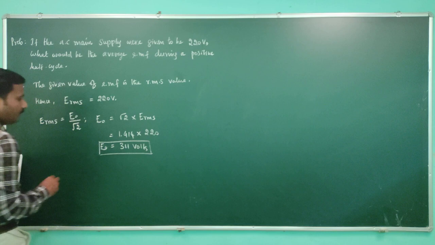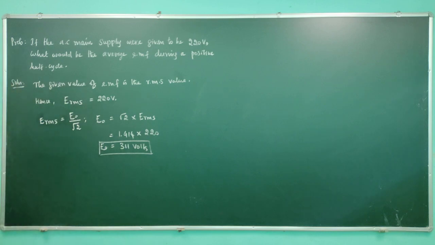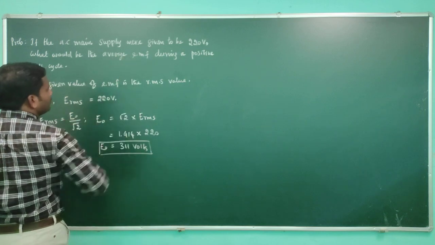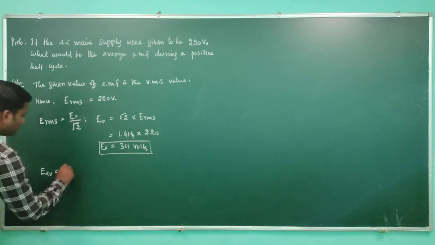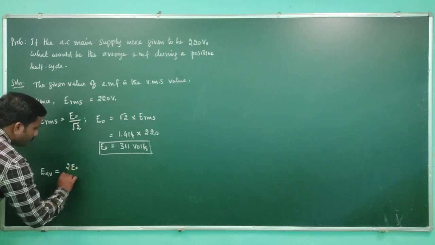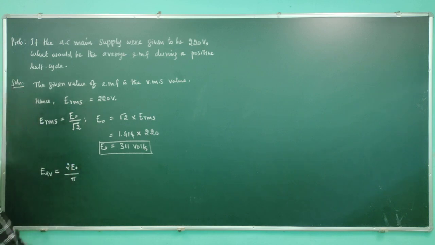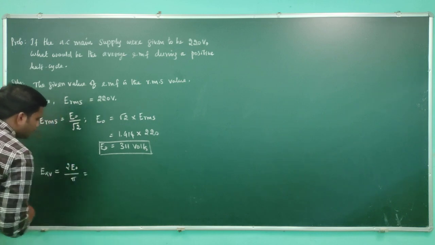So now we got the value for E naught. What we have to calculate? We have to calculate the E average during the positive half cycle. The formula for E average is nothing but 2 E naught by pi. That is what we have just derived.